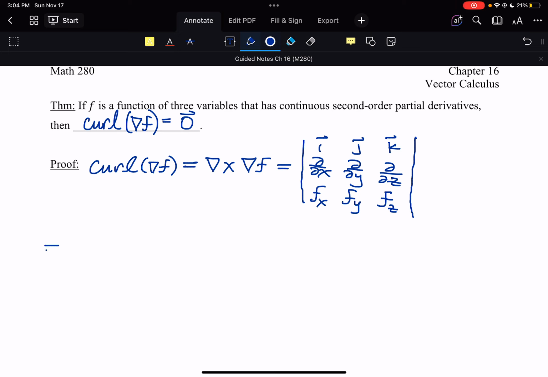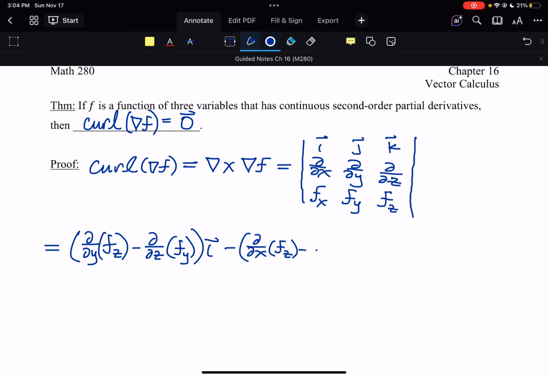So if we take the partials here, we're going to have partial with respect to y of fz minus partial with respect to z of fy, i, minus partial with respect to x of fz minus partial with respect to z of fx, j, and then plus partial with respect to x of fy minus partial with respect to y of fx for k.